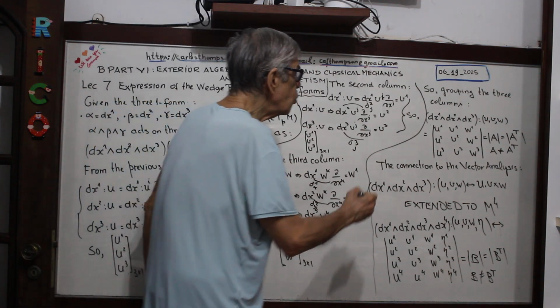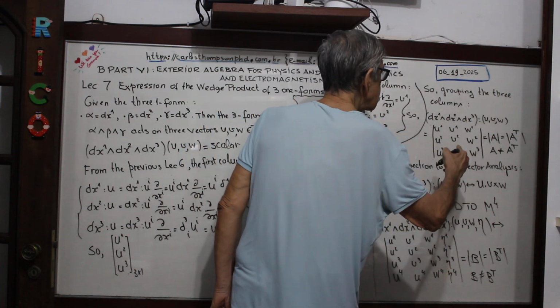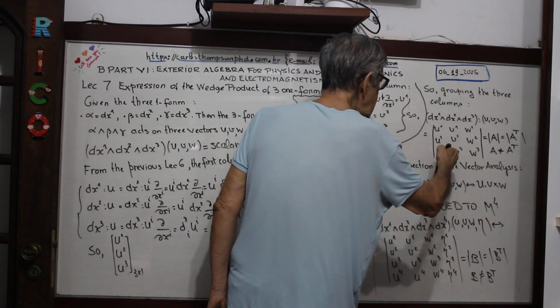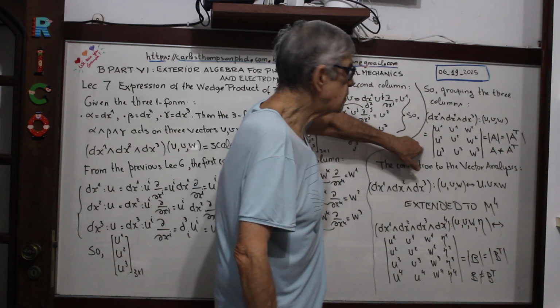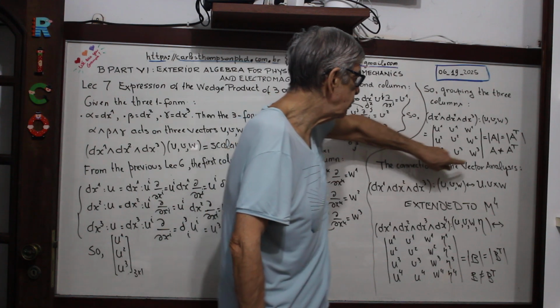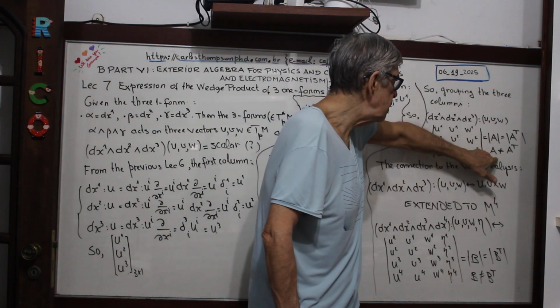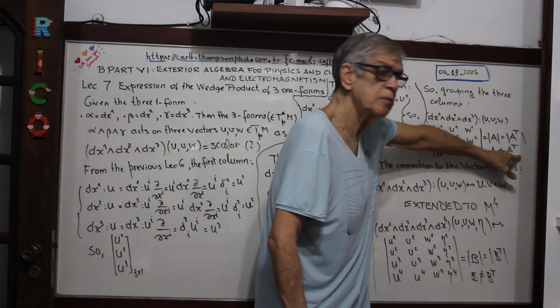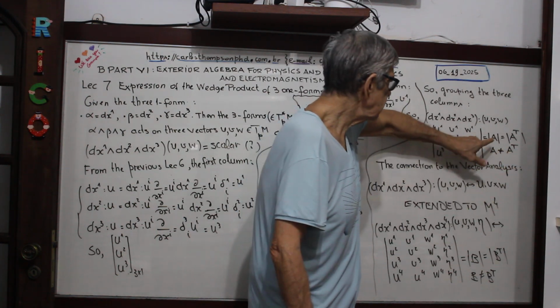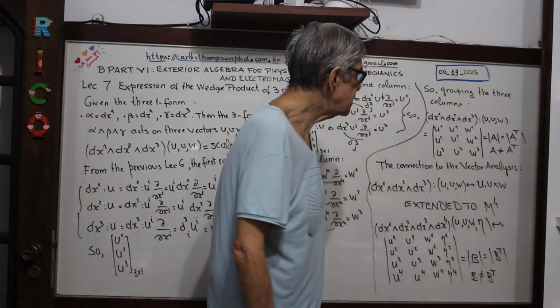Now, grouping the three columns, you see? This is column 1, column 2, and column 3. This is the determinant of the matrix A. Attention now, A is different from A transpose, but the determinant is the same.